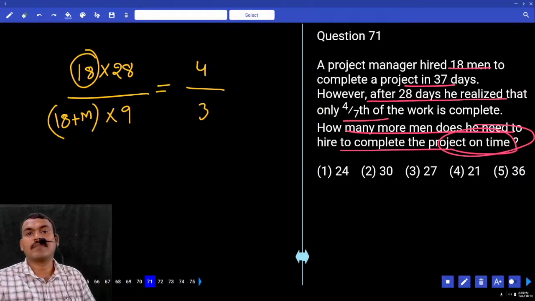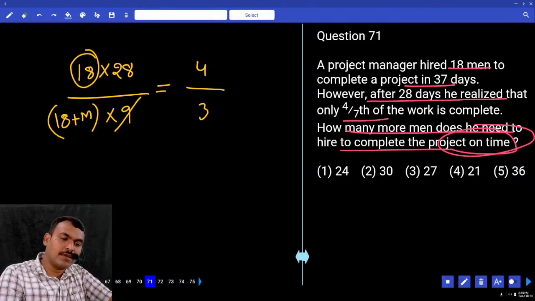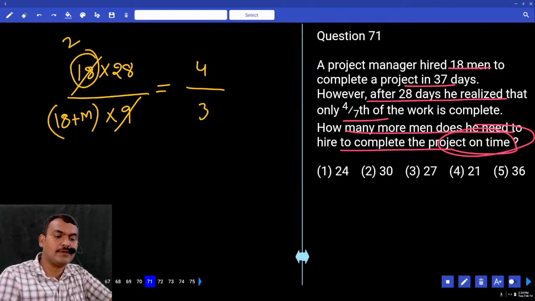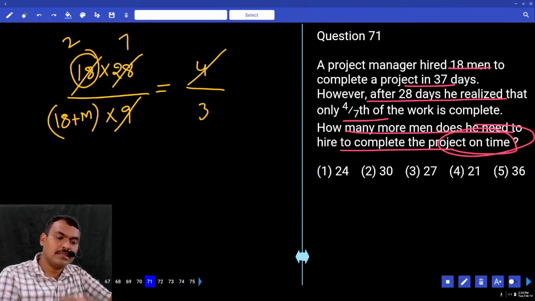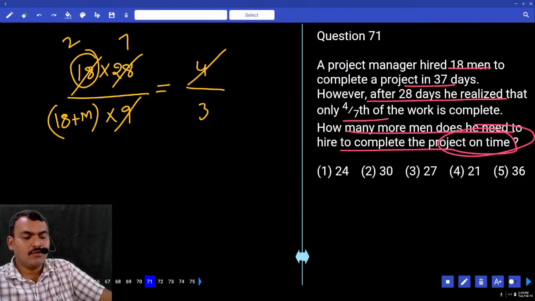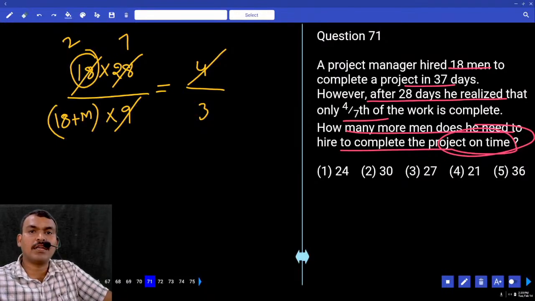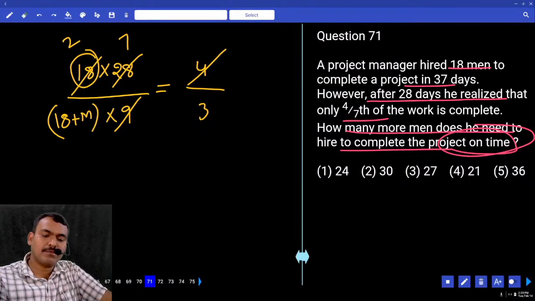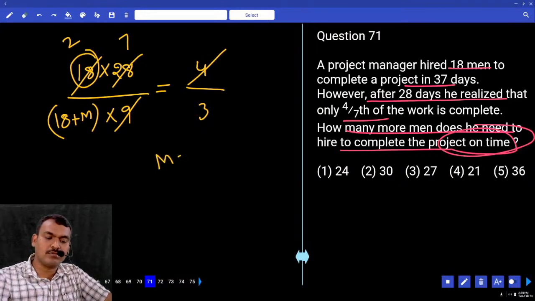Equal or different? Equal. 9 is how many times 18? 2 times. 4 is how many times? 7 times. 7 twos are 14, into 3, 42. 18 plus m equals 42, m equals 24.